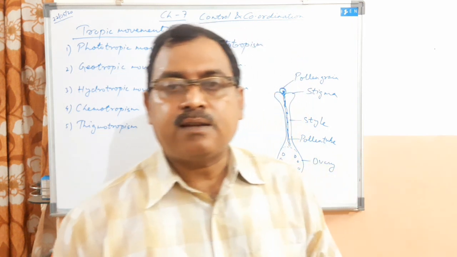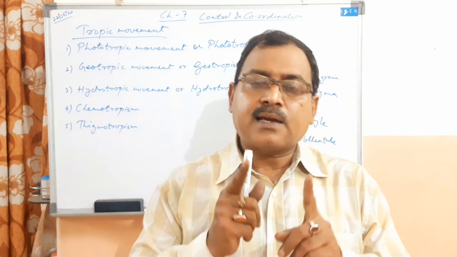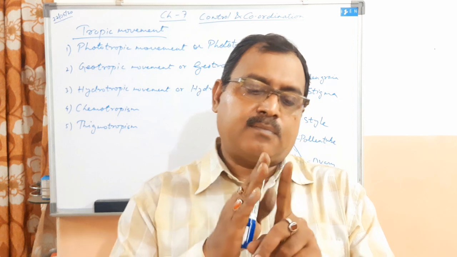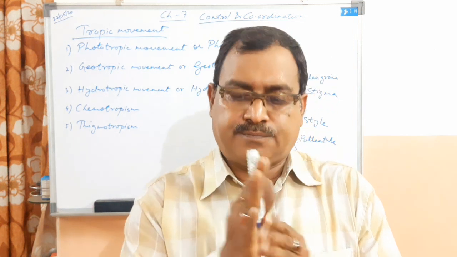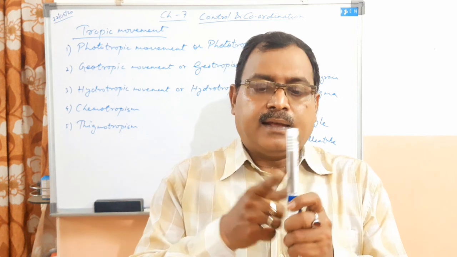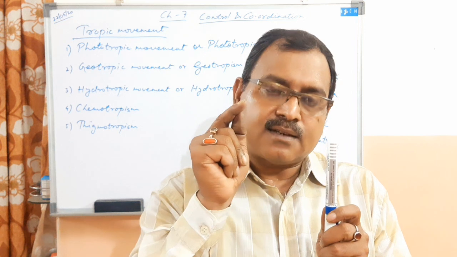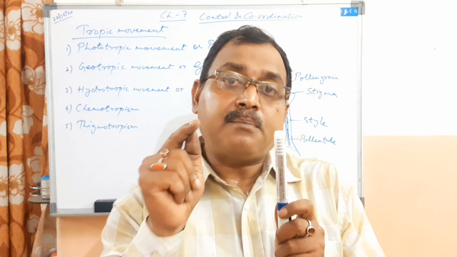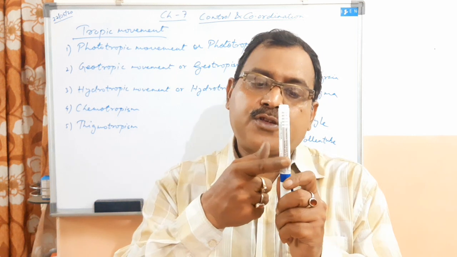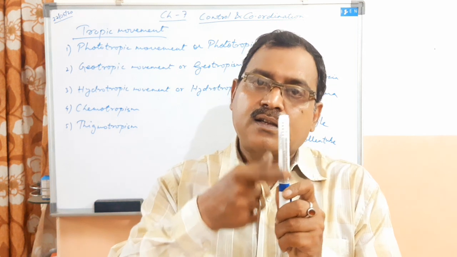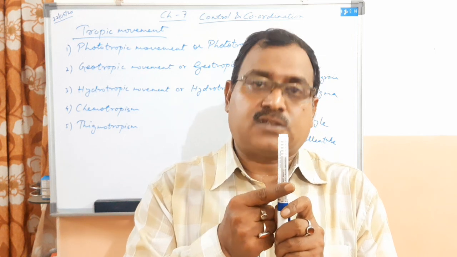Like you have seen in garden pea, the apical meristem, when the stem starts growing with the help of a rigid support, the part of the plant, meaning the stem, is very thin and tender, and it is called a stem tendril. The part of the plant which touches the solid or rigid support does not grow fast.